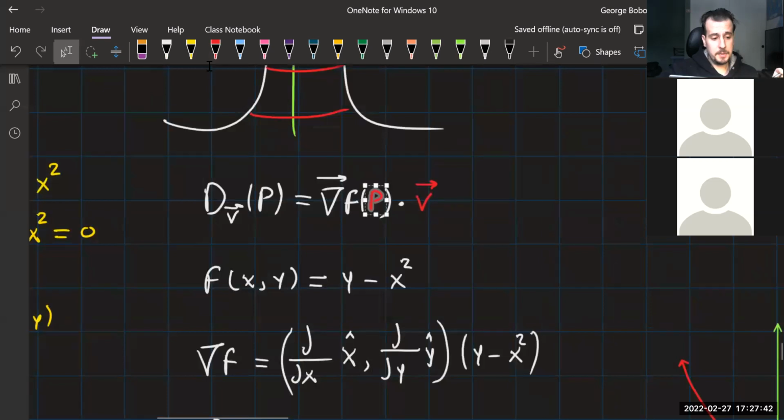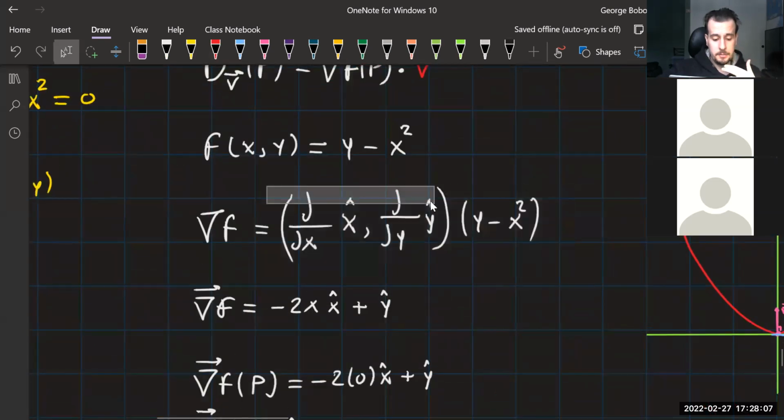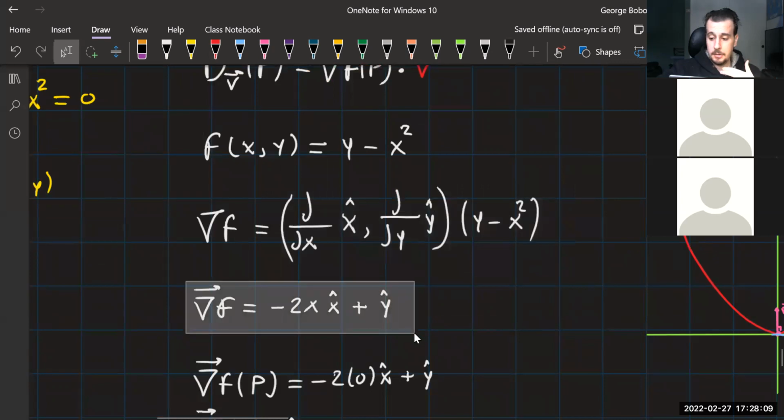It has 2 parameters because we're in the xy plane, an x component and a y component. This other one, we can find by taking the gradient of your function. Here's the function. We took its gradient, and there's the gradient.